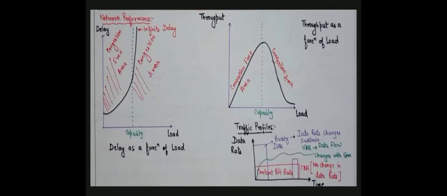Here you can notice three cases: one is constant bit rate, the next is variable bit rate, and the next is burst data rate. If these three scenarios are present in a network, congestion is going to appear automatically, because the traffic will be high, and we cannot predict when the variable data rate or the burst data rate will appear.